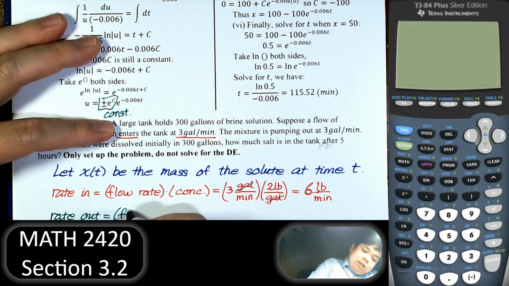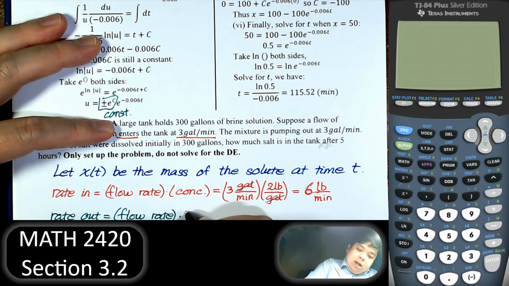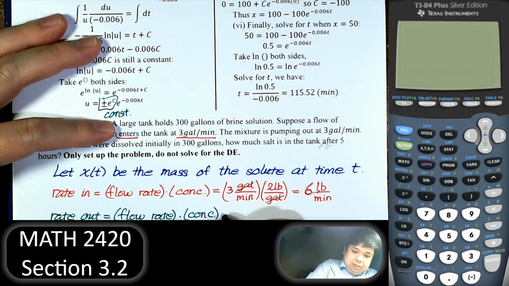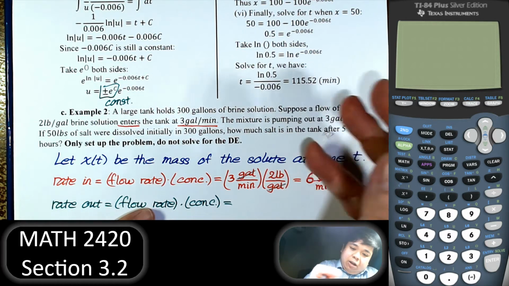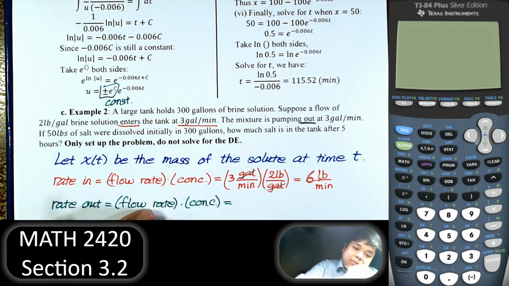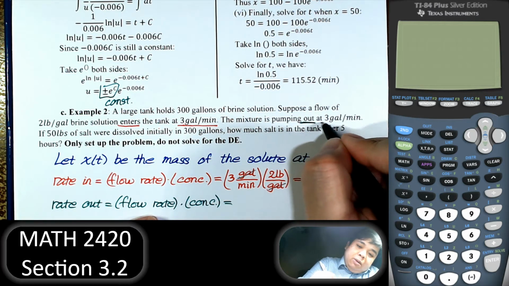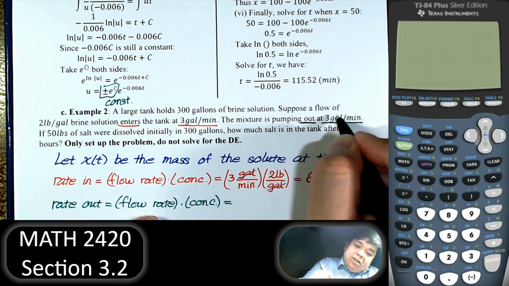Also flow rate times the concentration. Right, the rate that is coming out this time is 3 gallons per minute. That is the rate.